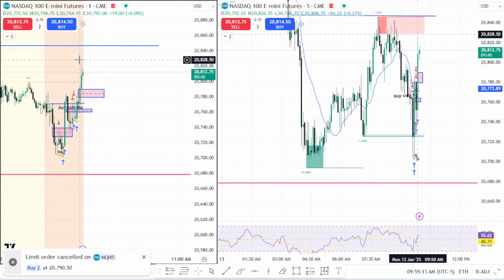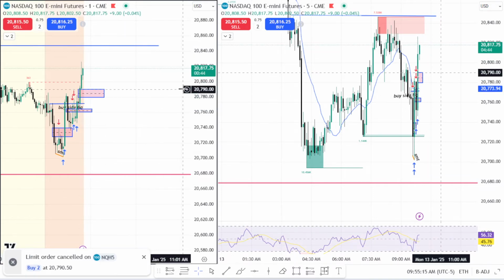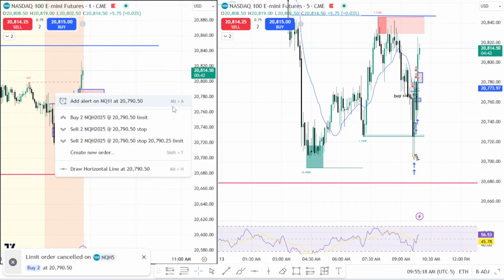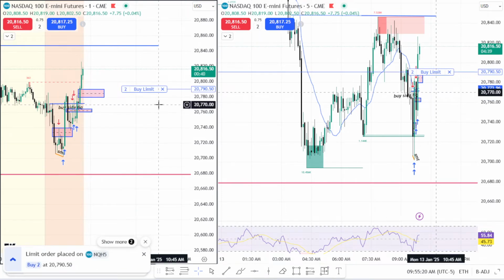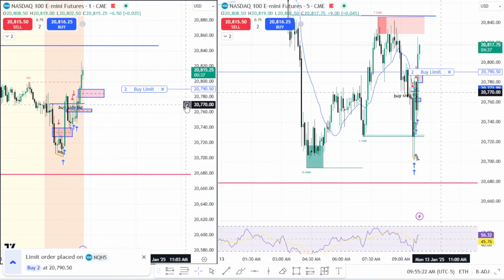All right, let's see if we can get a decent smooth retracement.